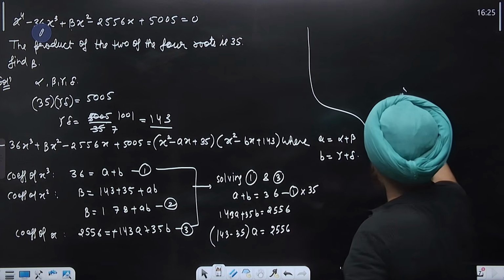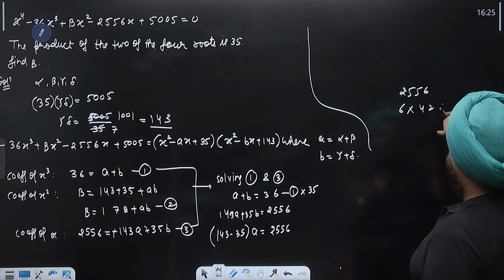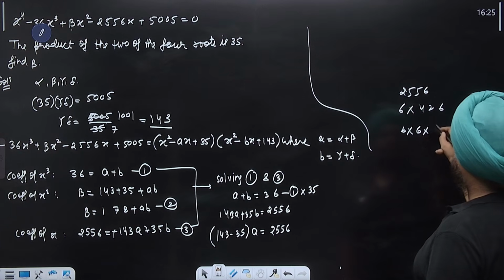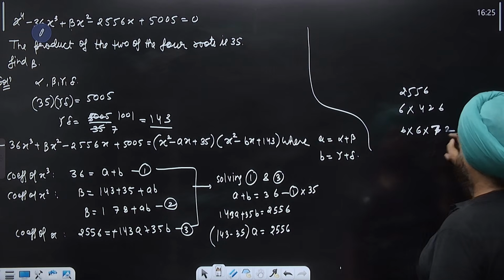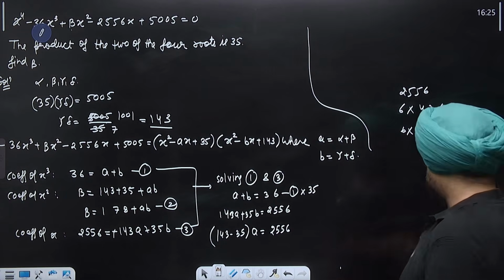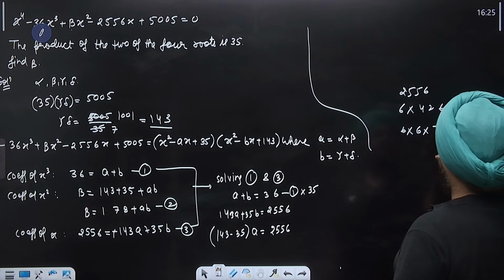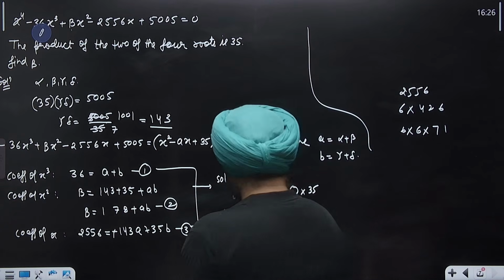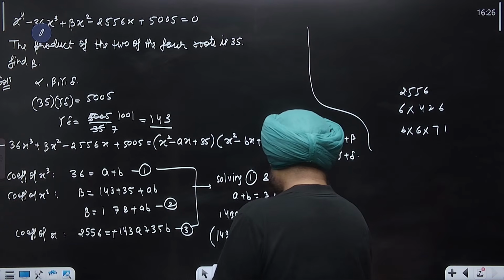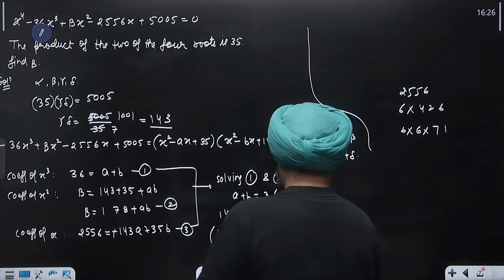2556 is 6 into 6 into 6 into 72. Sorry, 6 into 6 into 71. 36 into 71 minus 36 into 35.